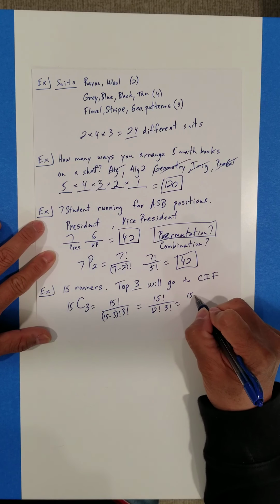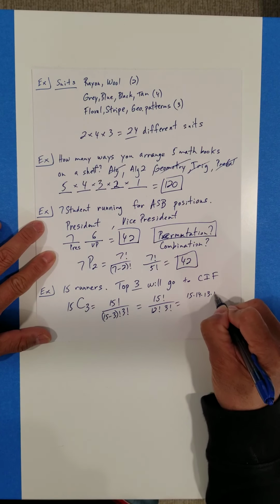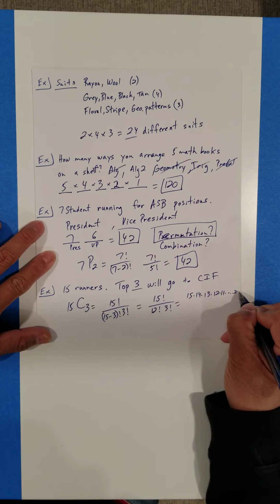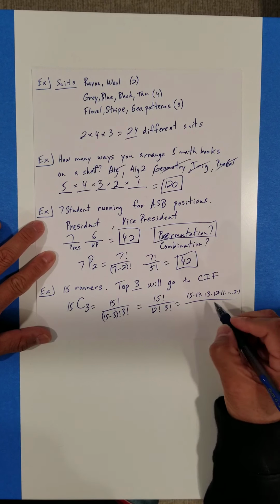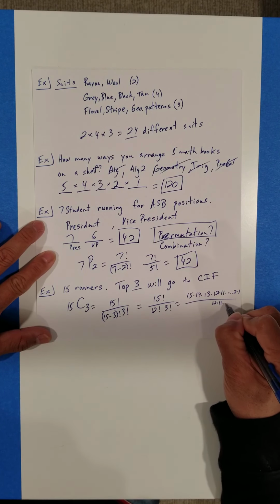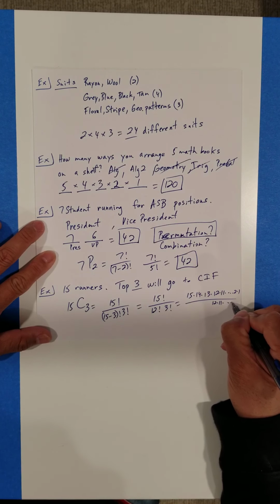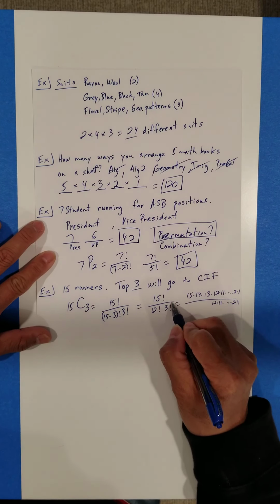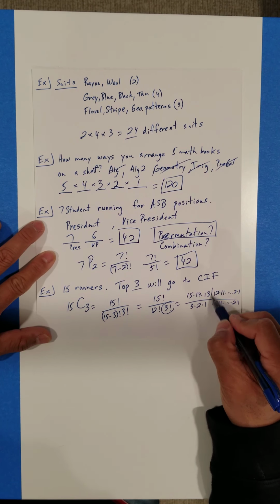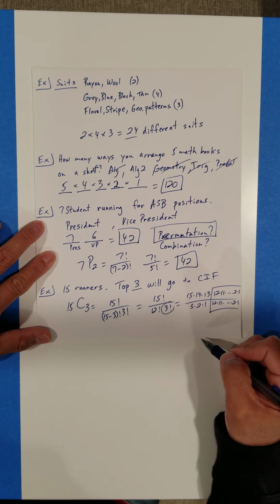On top, 15, 14, 13, 12, 11, down all the way to 2 and 1. On the bottom, we have 12 factorial, so that's 12, 11, 10, 9, 8, 7, all the way down to 2 and 1. And then this guy is 3, 2, 1. If you notice here, these cancel out.